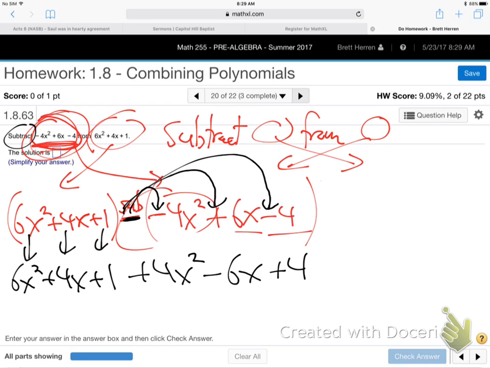I'm just writing down the two polynomials, and I'm switching the order. Putting this one at the back and this one at the front, and putting a minus in the middle because they said subtract.